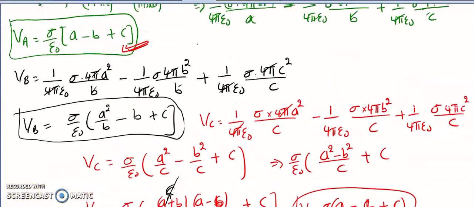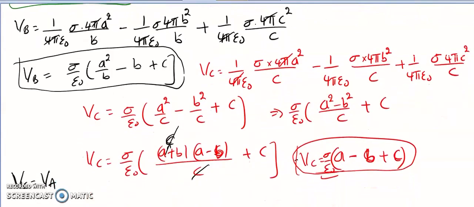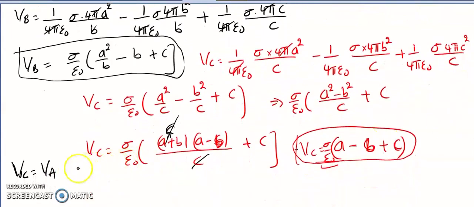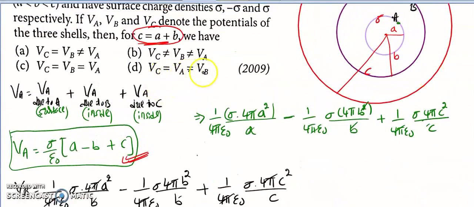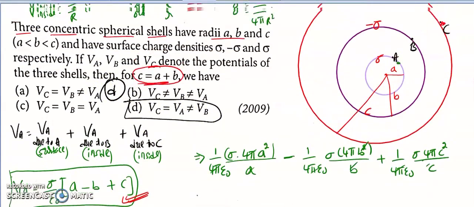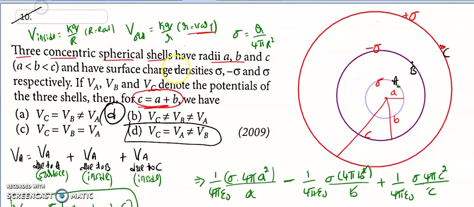Look at this, VA is A minus B plus C, and A minus B plus C, but not equal to VB. So the right answer is VC is equal to VA but not VB, that is option D for question number 10.